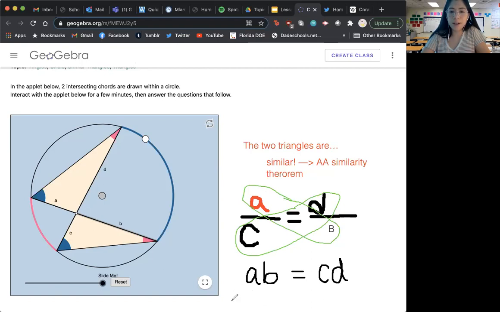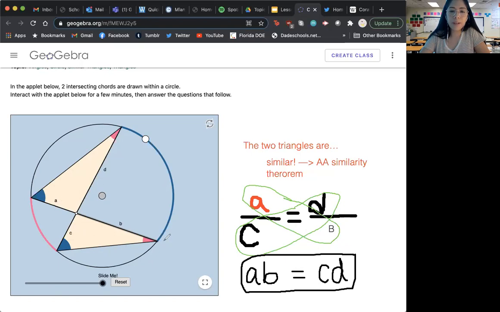That is our chord-chord product theorem. That's where it comes from. That is exactly why this equation, which we started out with, right? That's the first thing we talked about today, was this equation. The reason it's true all comes back to triangle similarity.